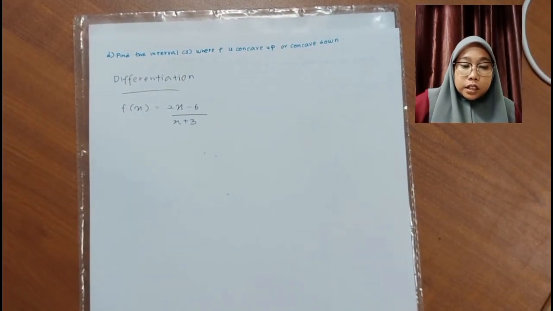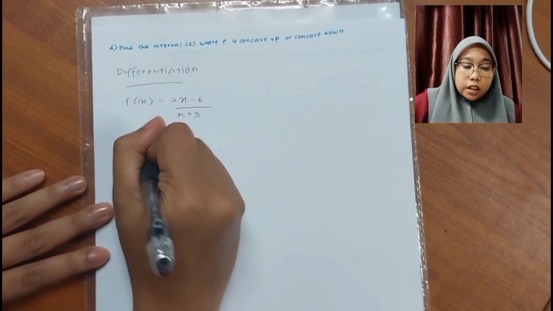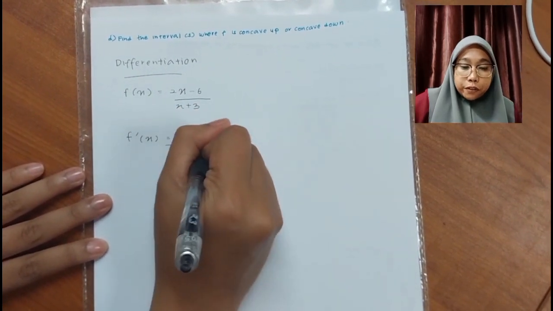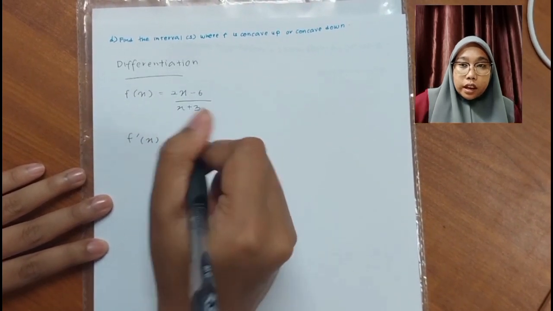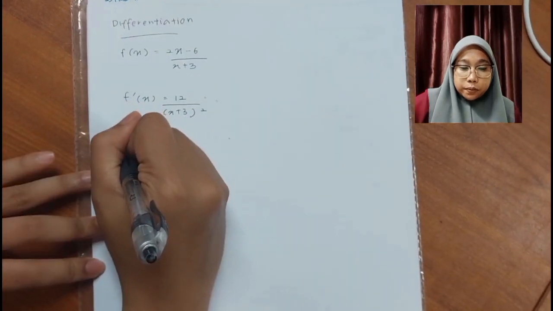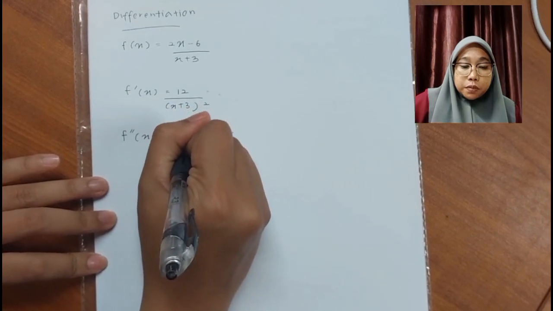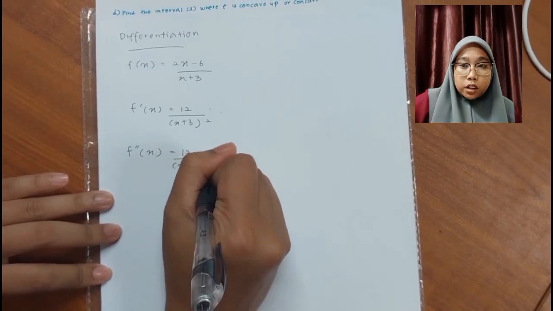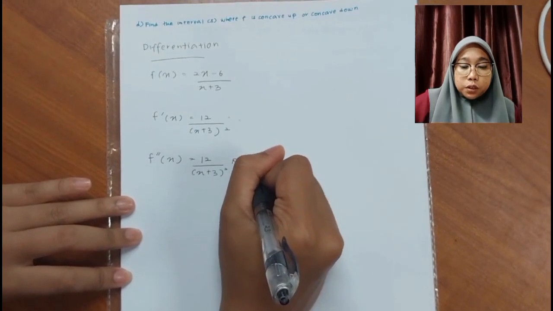First, we differentiate. f prime of x equals 12 over x plus 3 squared. And then we do the second differentiation, f double prime of x.